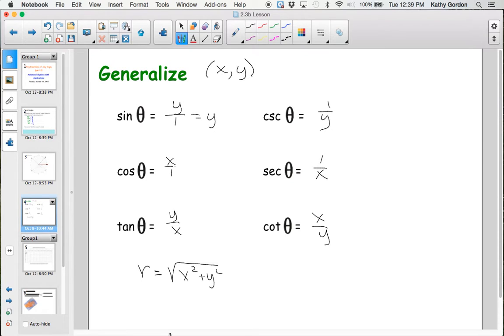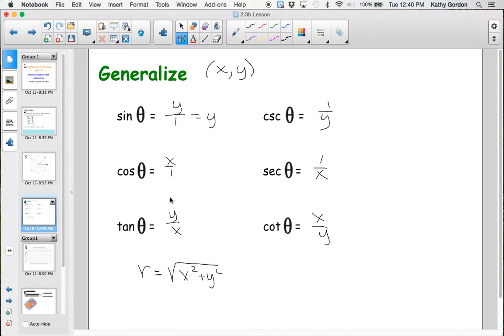So now we're saying, if I know that I'm dealing with a unit circle, I know that the radius of this circle is 1, then whatever my y coordinate is, that's the sine of the angle. End of story. I don't have to make it any more complicated or rationalize radicals out of the denominator or anything like that. It just is whatever the y coordinate is.